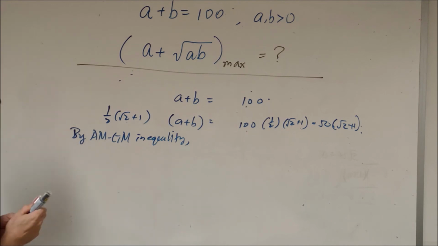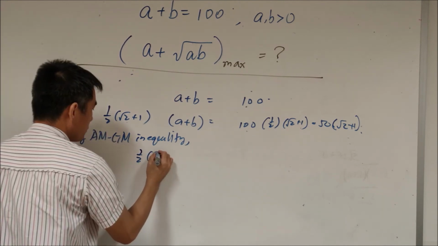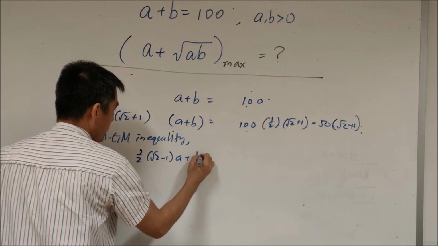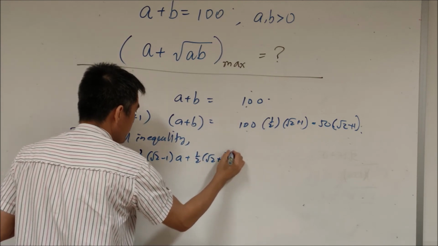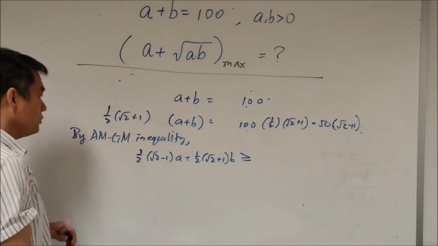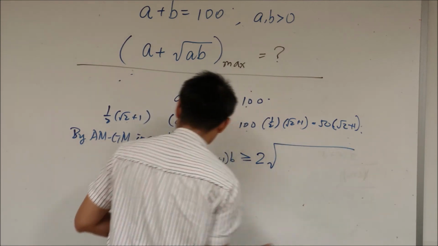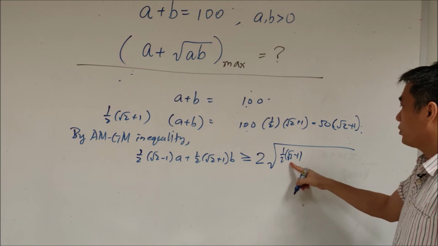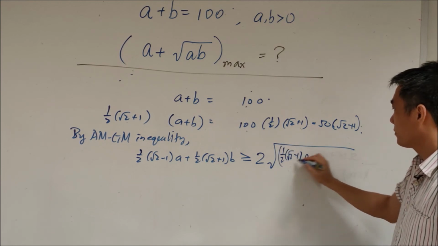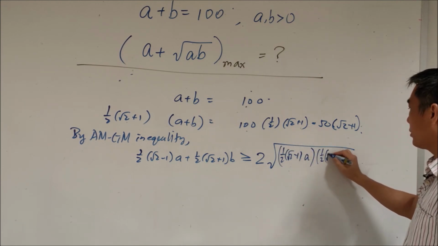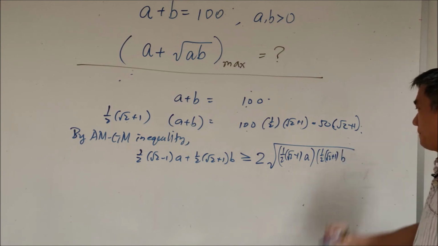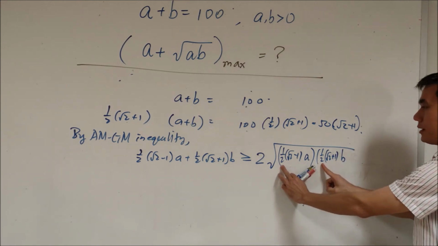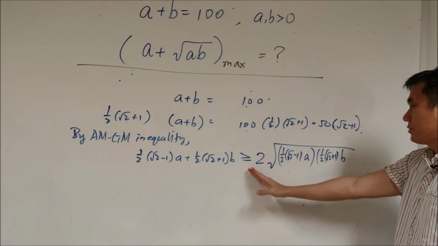By the AM-GM inequality, half of (square root 2 minus 1) a plus half of (square root 2 plus 1) b is greater than or equal to 2 times the square root of the product of half of (square root 2 minus 1) a and half of (square root 2 plus 1) b. The half squared can be taken out and cancelled with the 2.